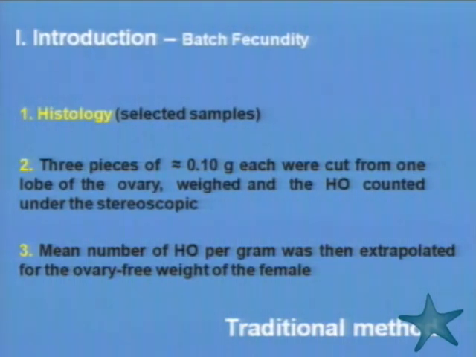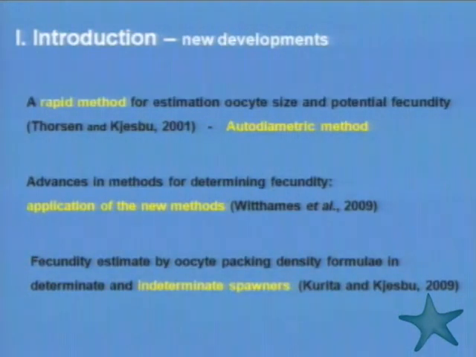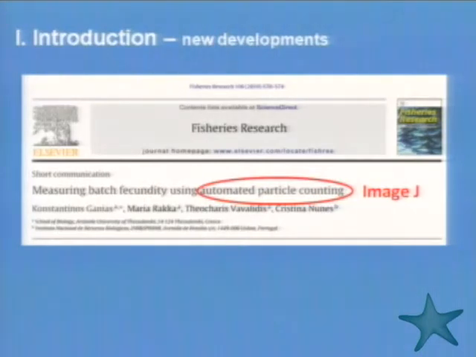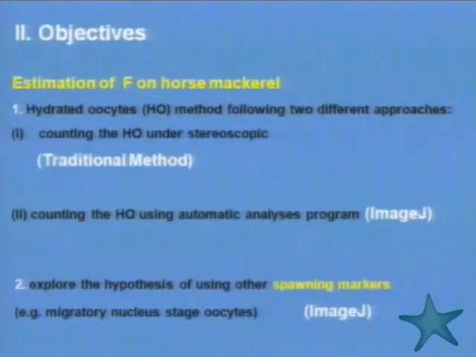This is what we call our traditional method. As Costas has been saying, new developments in recent years have been published. And based on this particular paper from 2010, we decided to make a similar approach to our horse mackerel samples.